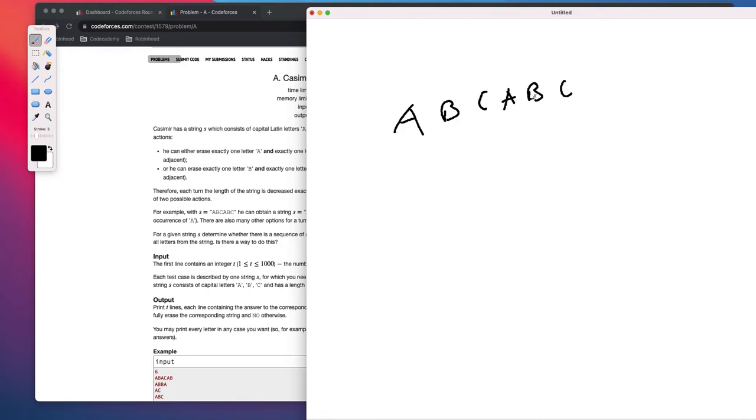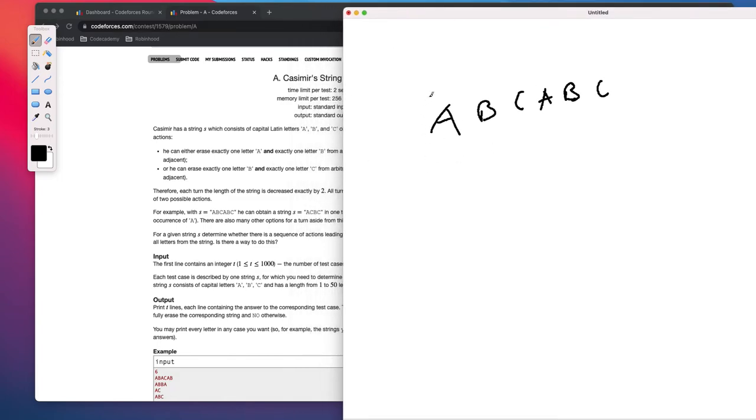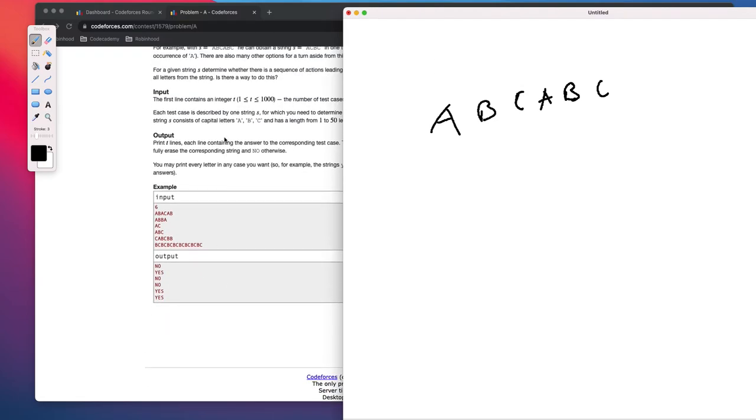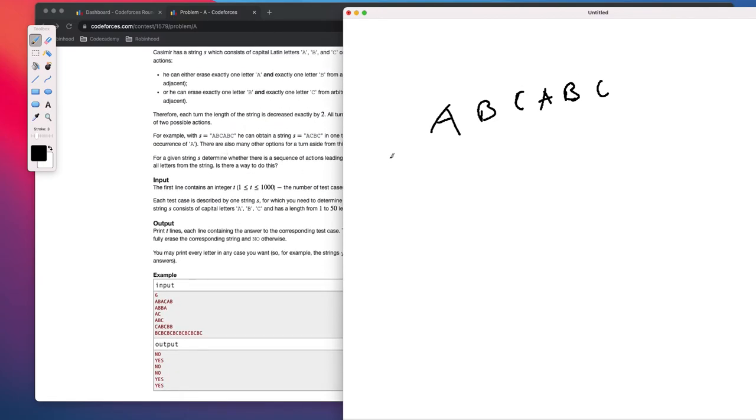It says that in one operation you can remove exactly one A and exactly one B, or you can remove exactly one B and exactly one C. We need to say yes or no whether, using these two operations, we can get rid of the string completely and make it an empty string.